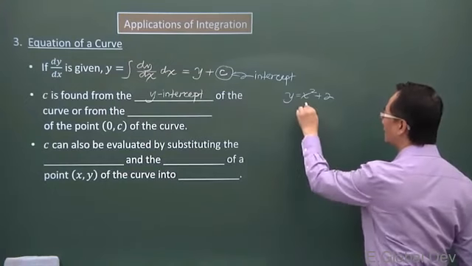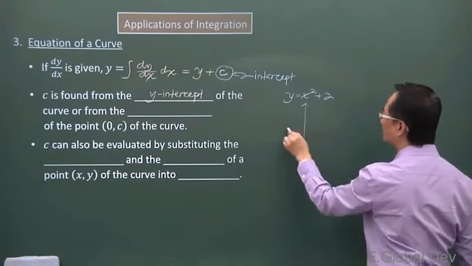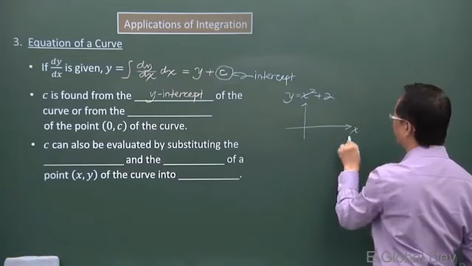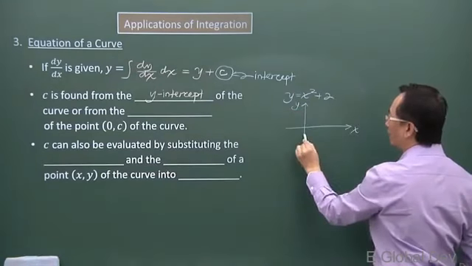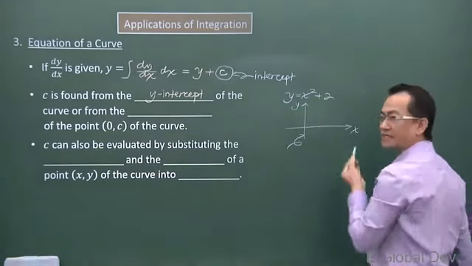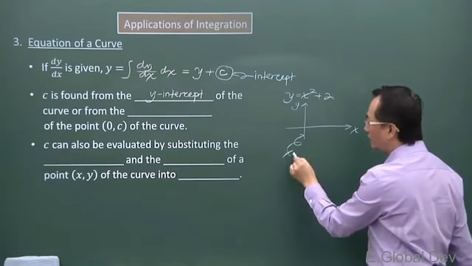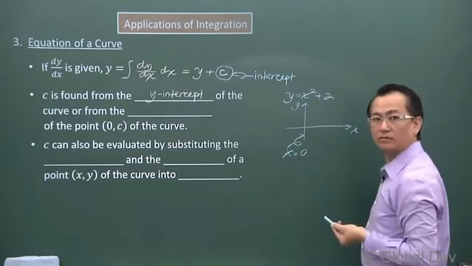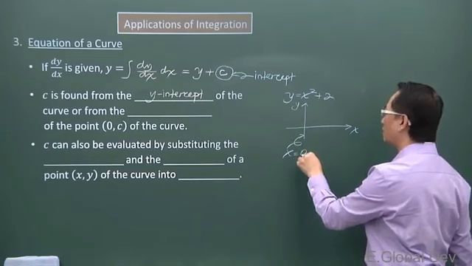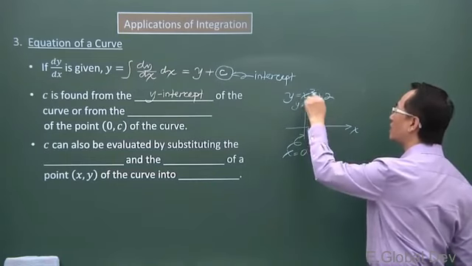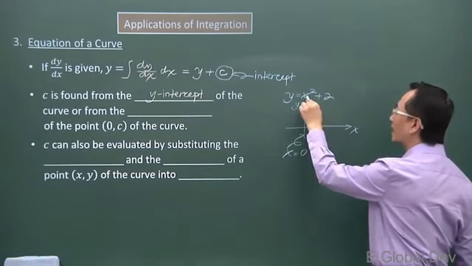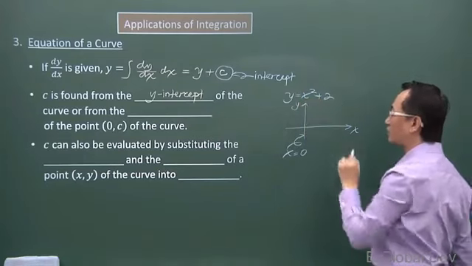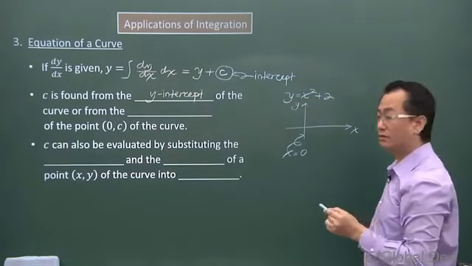What it means is, you can see, along the y-axis, the value of x is 0. So if I put the value of 0 into the equation, 0 squared plus 2, I get a 2.